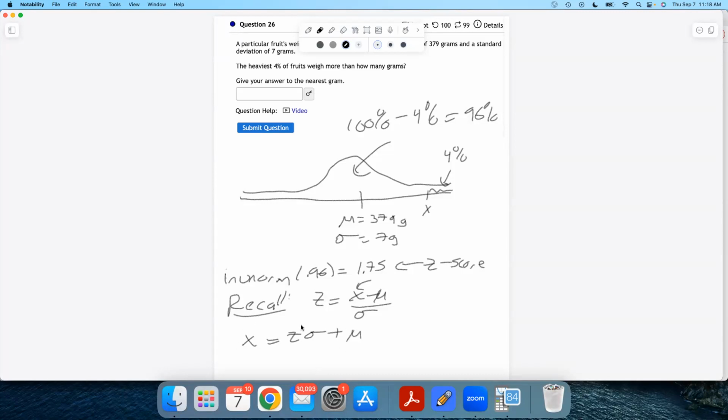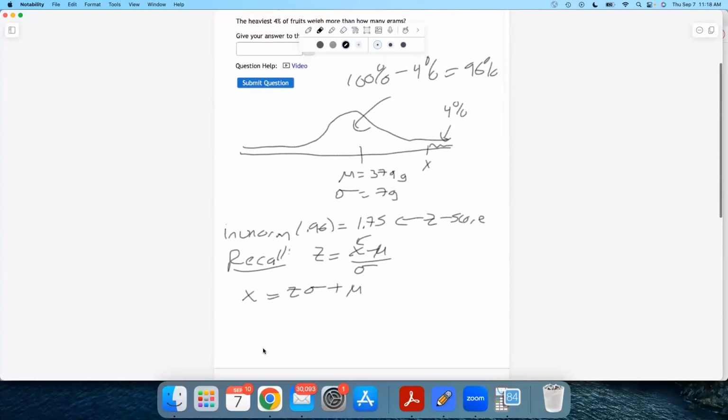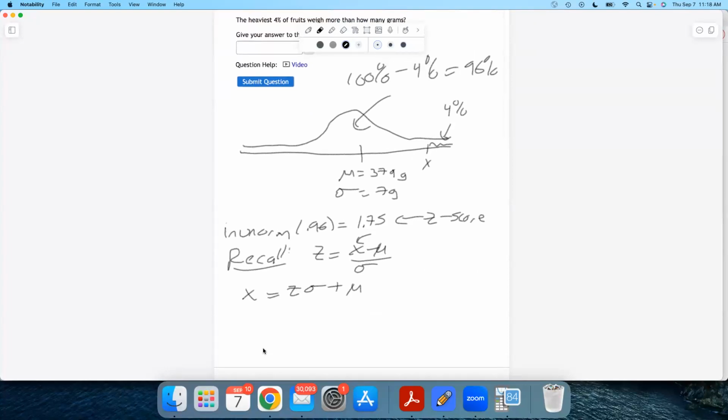I would definitely have this formula written down when I'm taking the test. Remember, the test is going to be open note. Test 1 is open note. So I want my z-score times my standard deviation plus my mean.